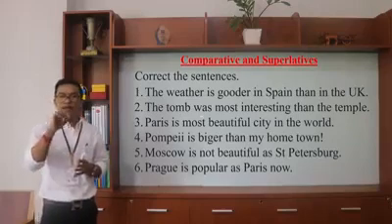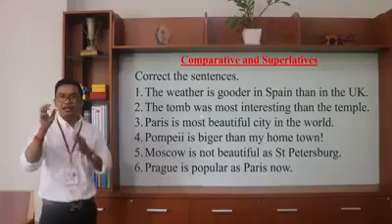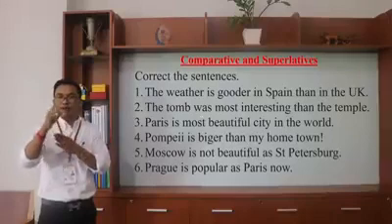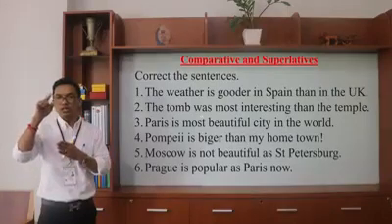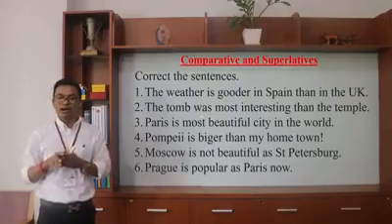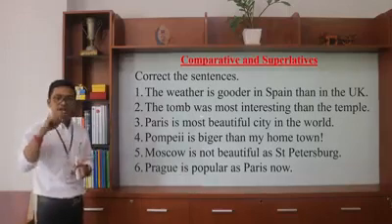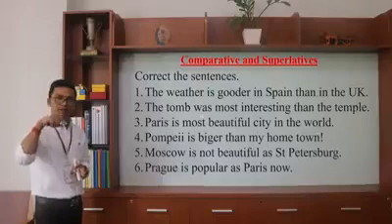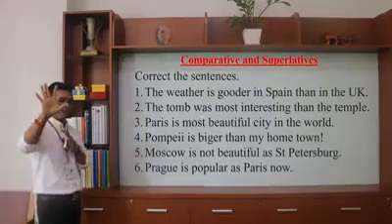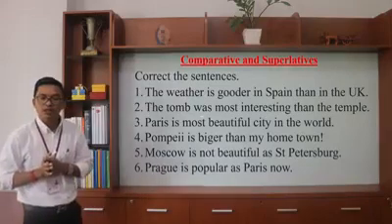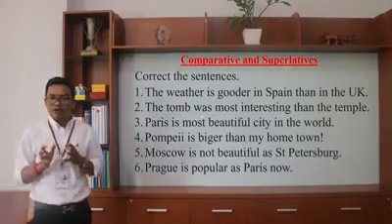For example, big, b-i-g, you have to double the final consonant, double g, and then er. The correct answer is Pompeii is bigger. You have to write b-i-g-g-e-r.